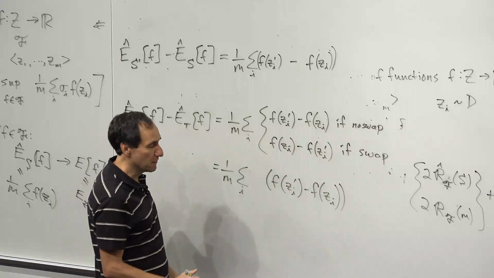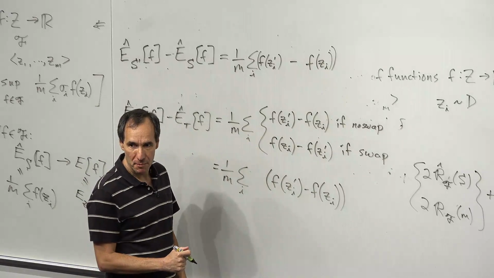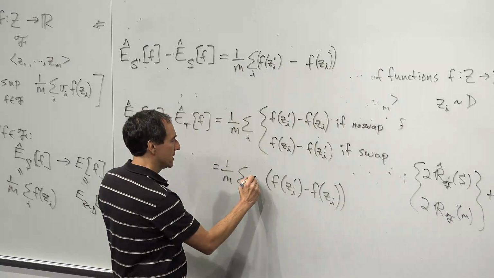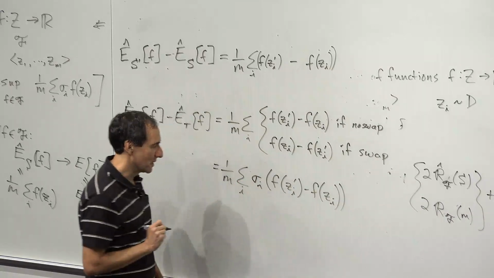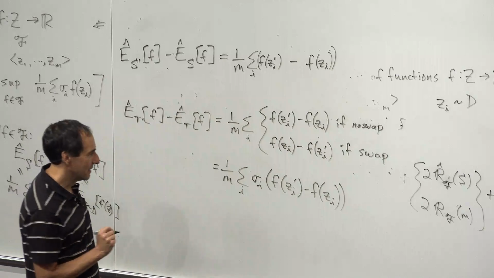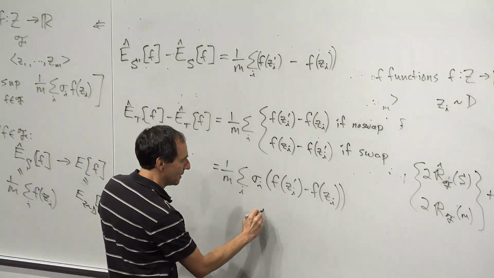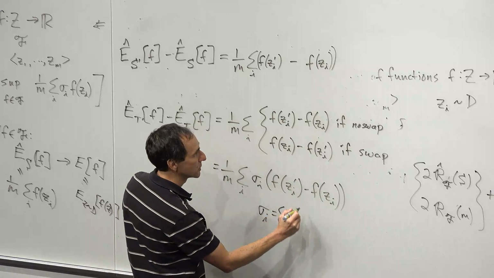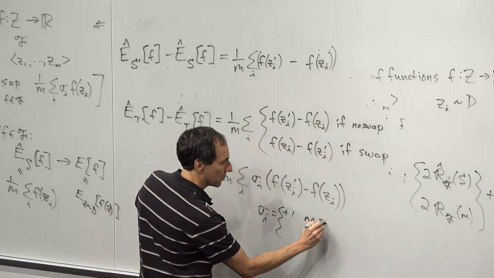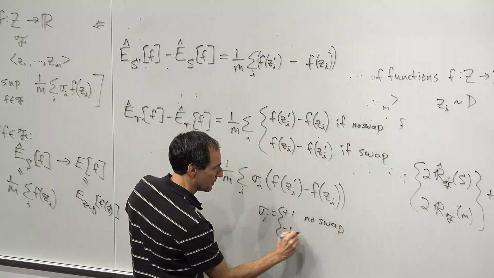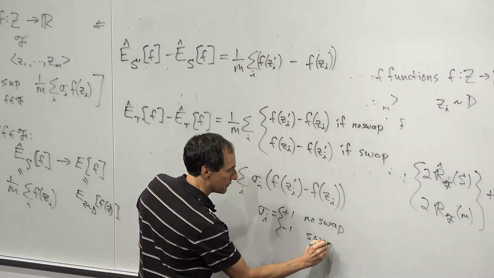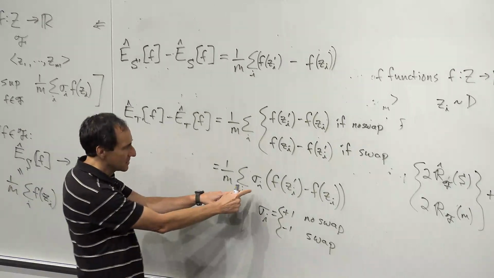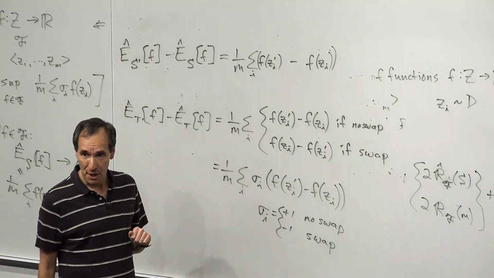So we could introduce a variable to represent that swap or no swap, and we could call it something like, I don't know, how about sigma I? That seems like a good name. We'll call it sigma I, where sigma I is either +1 for no swap, or -1 if there was a swap. Okay? So you can see things are starting to look like Rademacher variables.